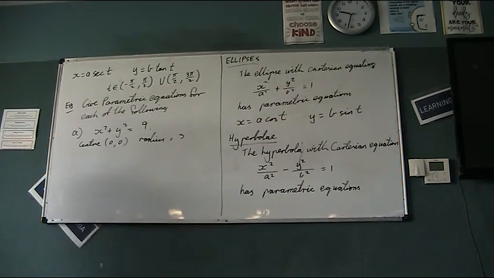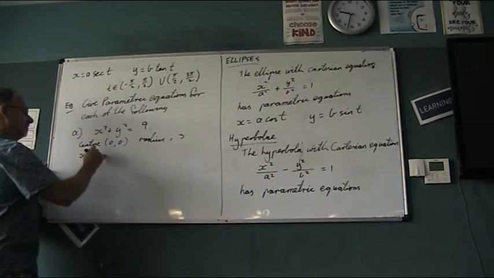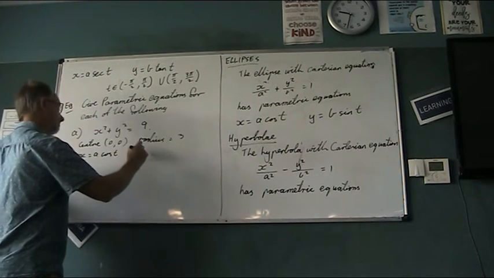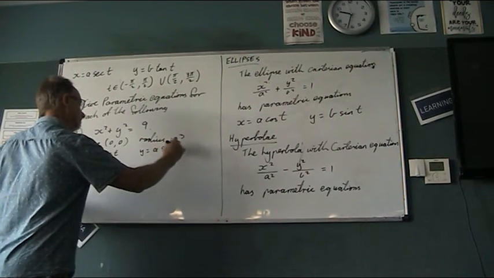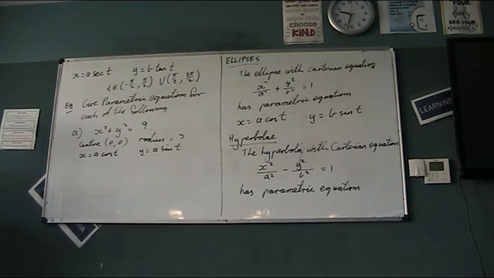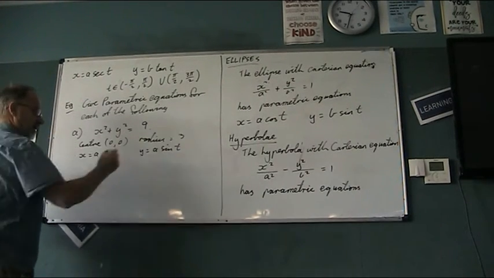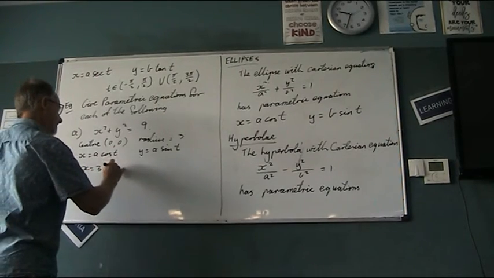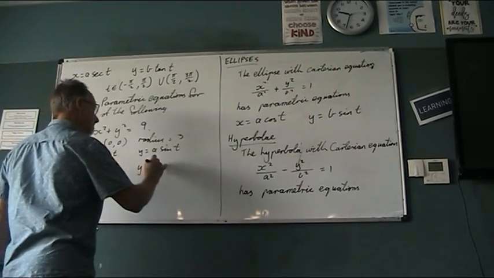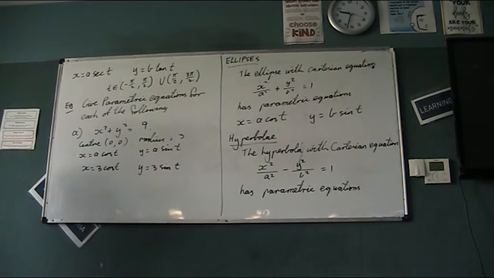So because we've got 0, 0, we've got that version there: a cos t, a sin t. And the radius is 3, so x is 3 cos t, and y is 3 sin t.